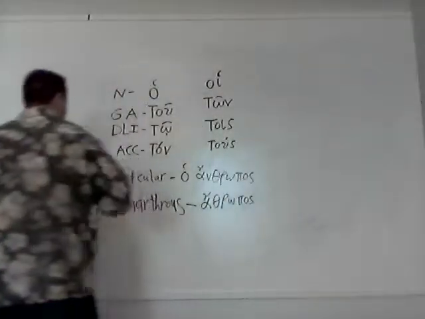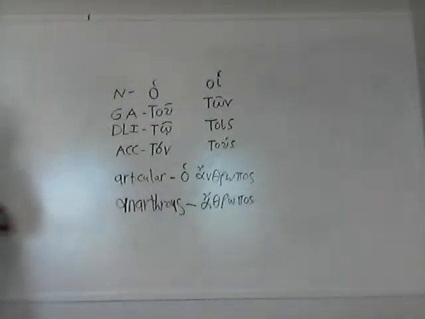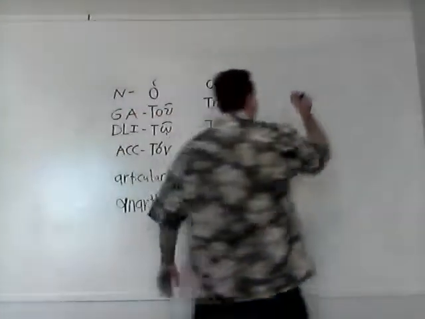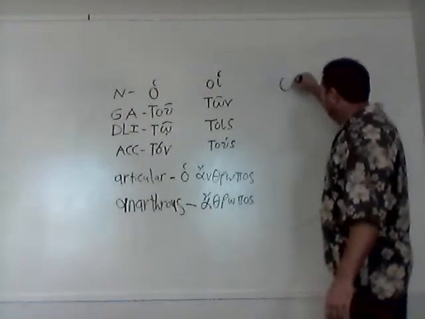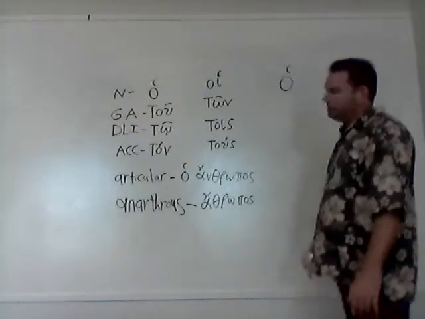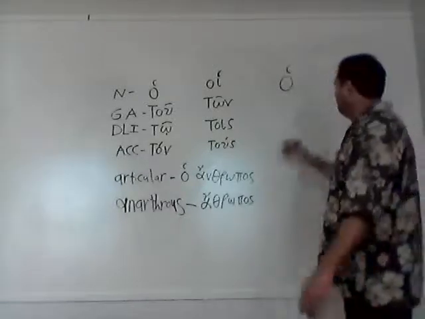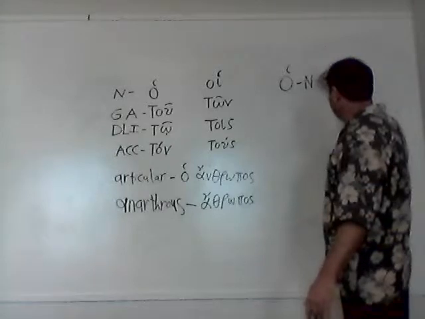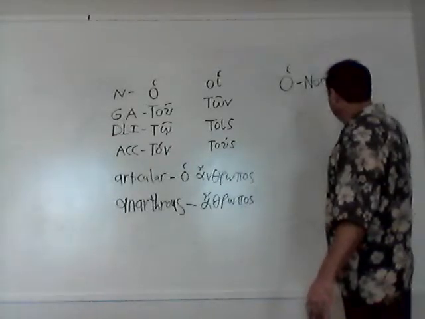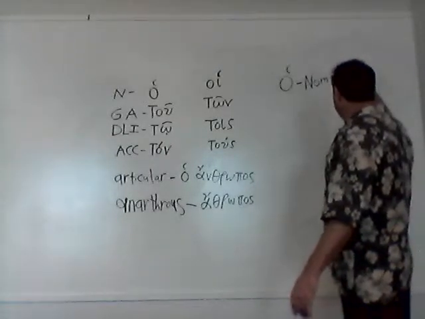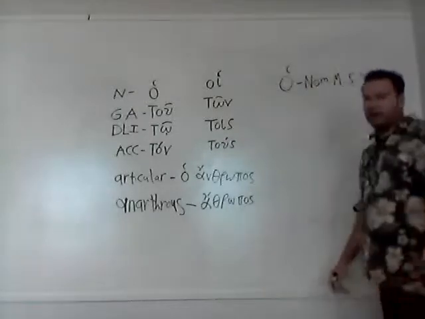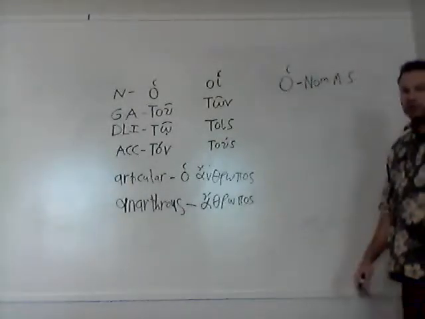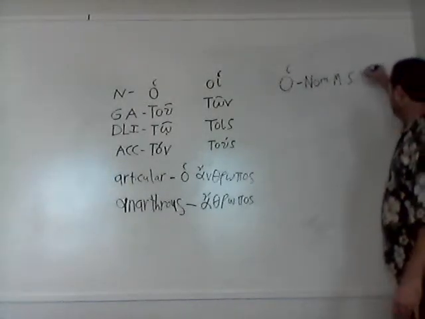So let's just take ha here. Let's just take this right here, which is a common article. Ha is nominative, masculine, singular, and so we don't get it confused with accusative, I usually just like to write art.